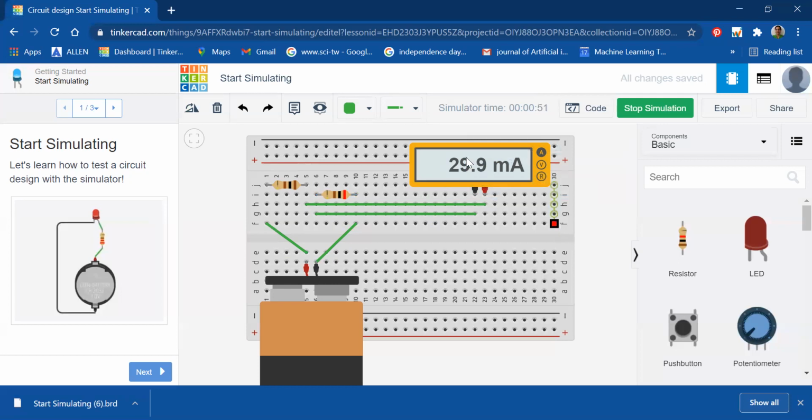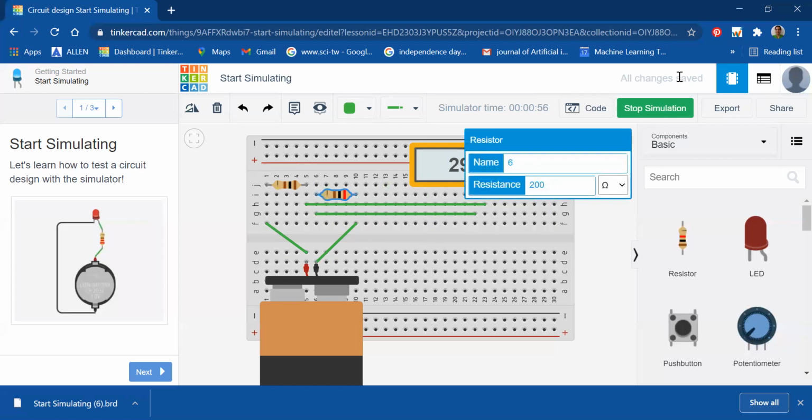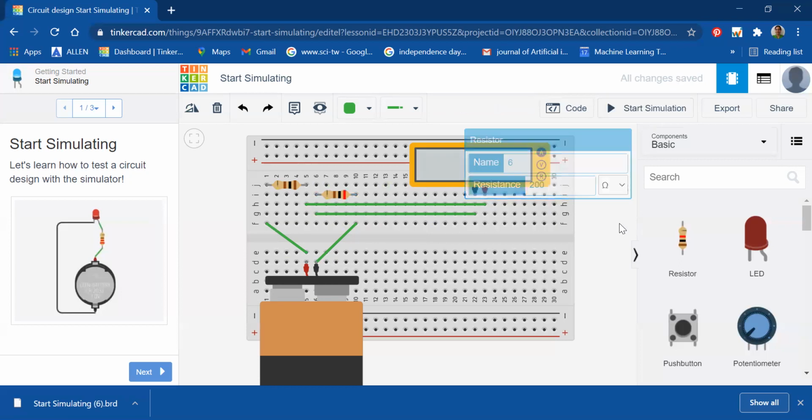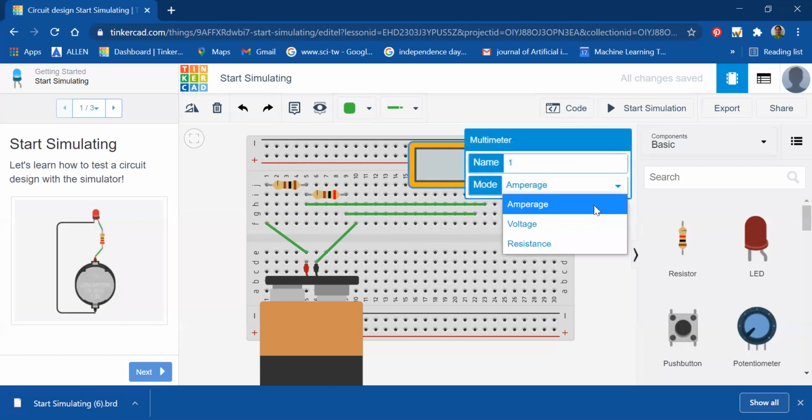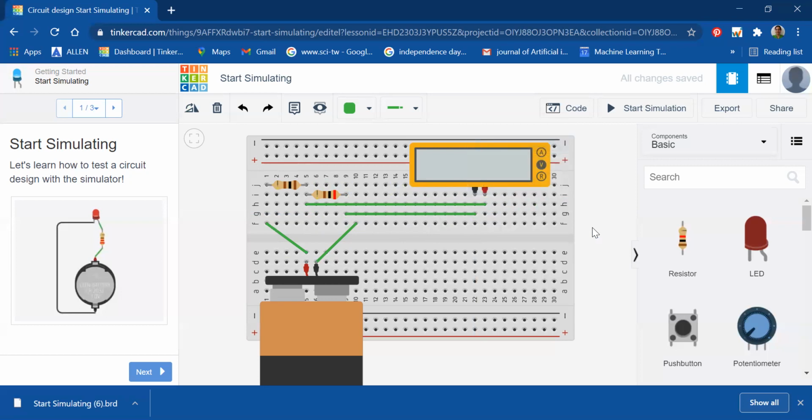Now I am going to change the connections and note down the voltage across these resistances. I have made them in series, but now I have to measure the voltage across this load resistance. So I will take out the connection from here and put the connection here, and switch this multimeter to voltage.